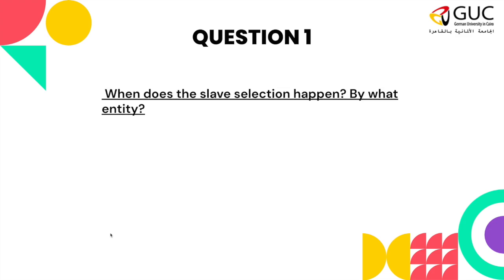When does the slave selection happen and by what entity? If the master wants to request data from a slave, how can the master select a particular slave? This is done in the very first byte sent by the master. You need to refer to the lecture to understand the data frames sent by the master on the SDA.